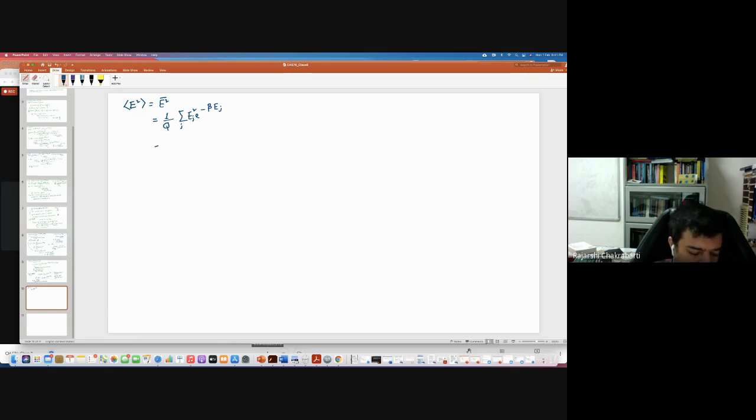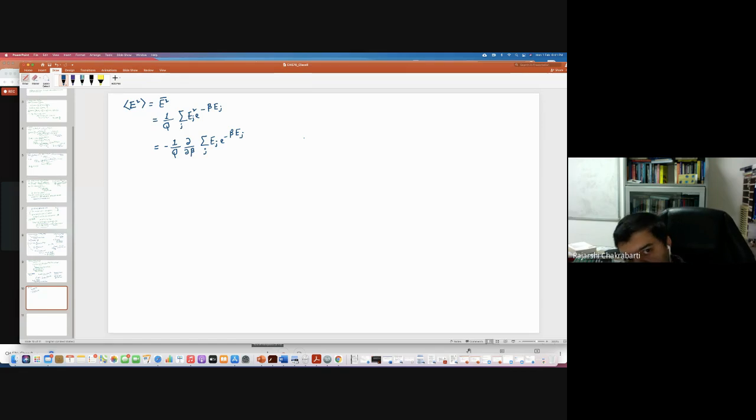Now this one you can always write it as, see, I am just doing a trick: 1 by Q del beta of the sum over J of Ej. Can I write like this?